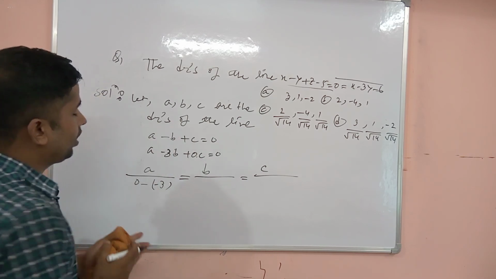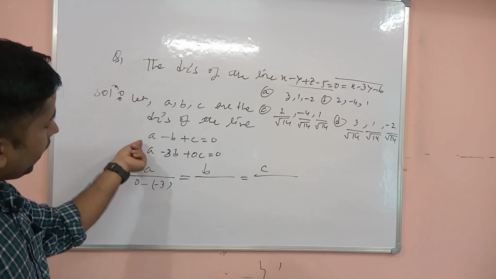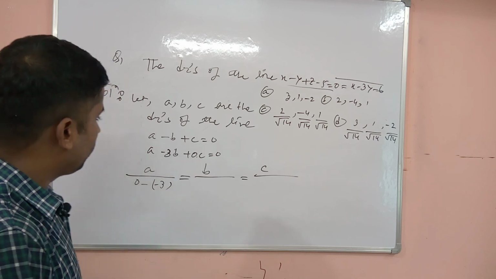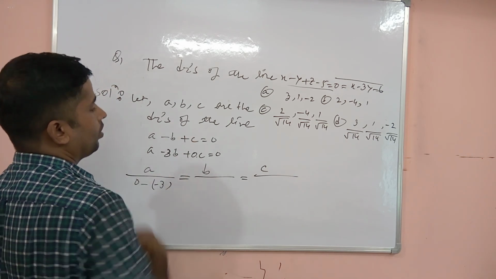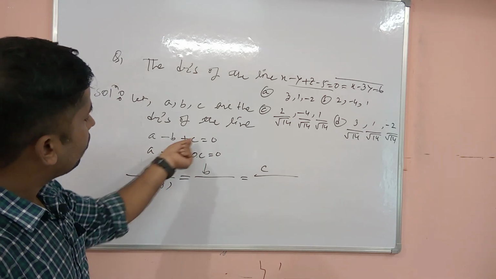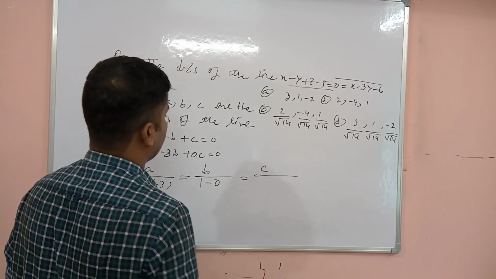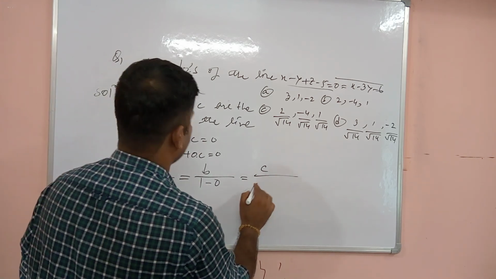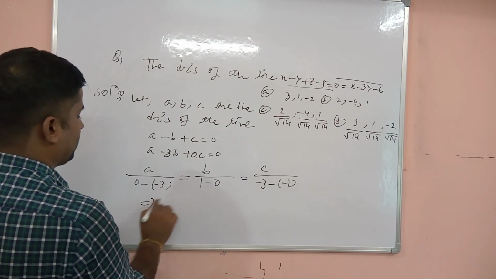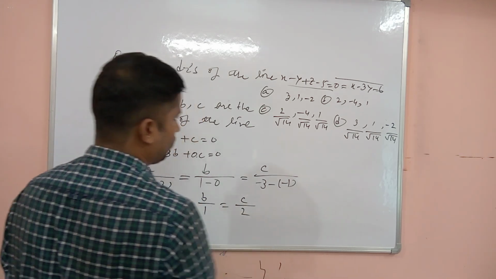In case of b, if we remove this column, then we get a plus c equal to 0 and a plus 0c equal to 0. So cross multiplication suggests that we make a cross, so it would be 1 minus 0. In case of c, it is minus 3 minus minus 1. So finally a by 3 is equal to b by 1 is equal to c by 2.